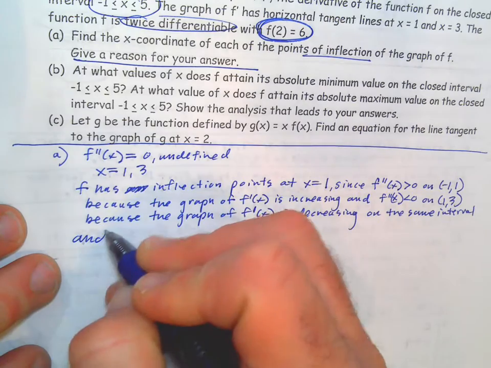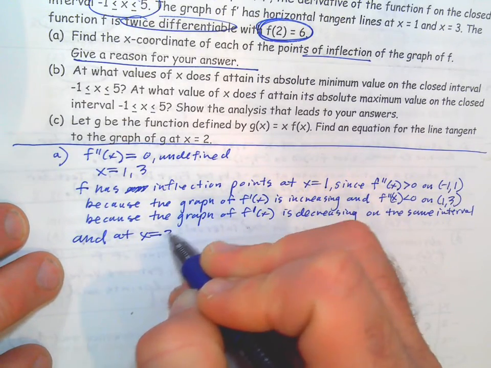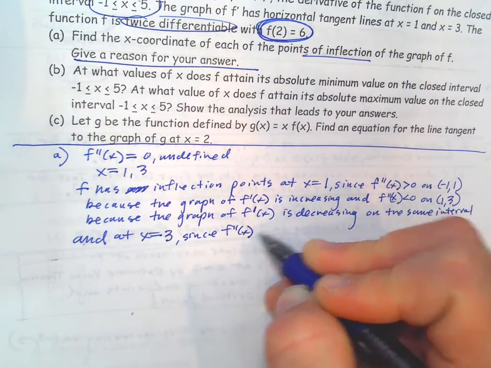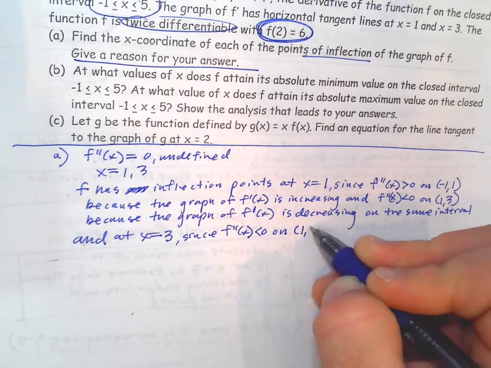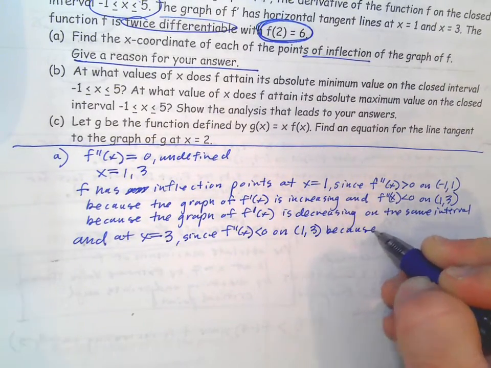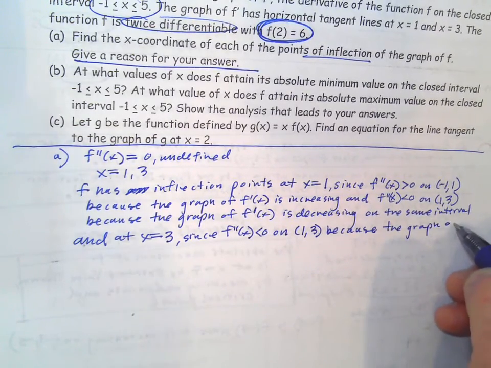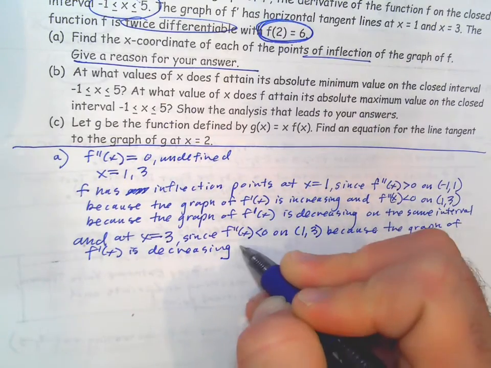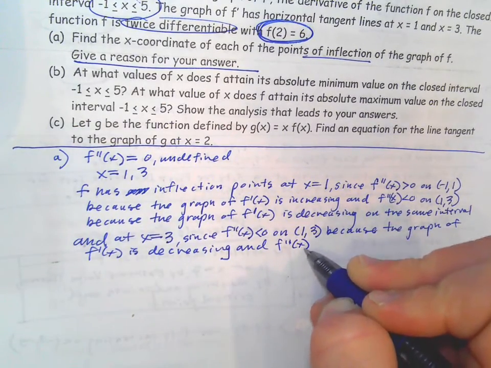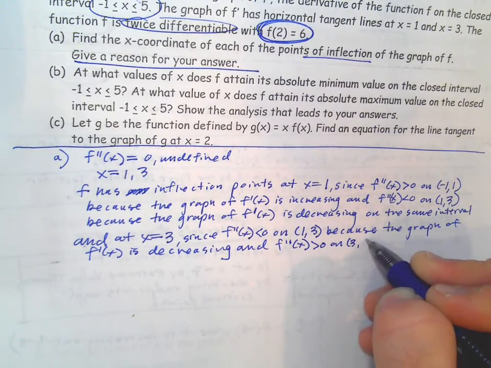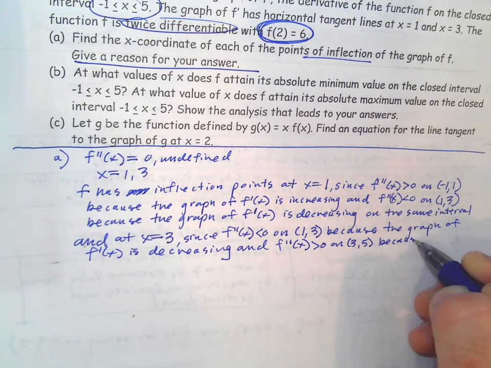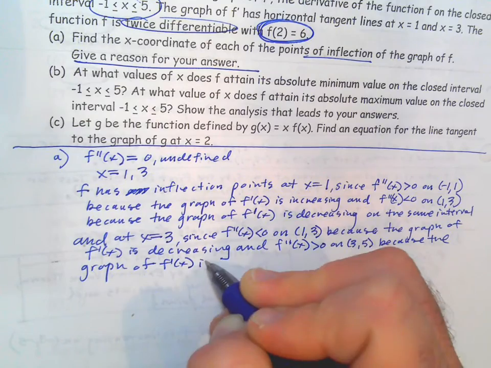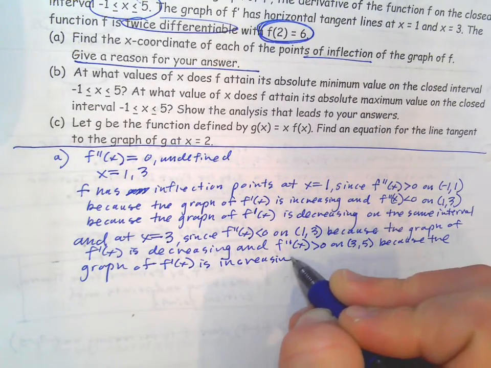There's another inflection point at x equals 3, since f double prime of x is negative on the interval 1 to 3 because the graph of f prime of x is decreasing, and f double prime of x is positive, greater than 0, on the interval 3 to 5 because the graph of f prime of x is increasing on the same interval.